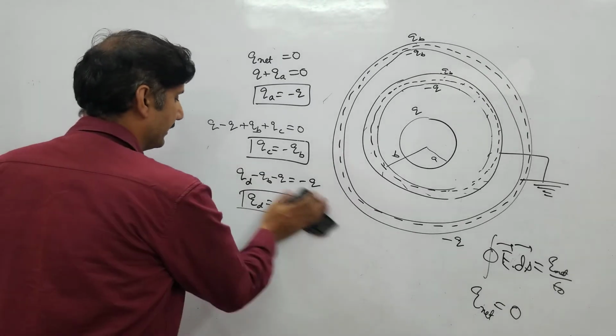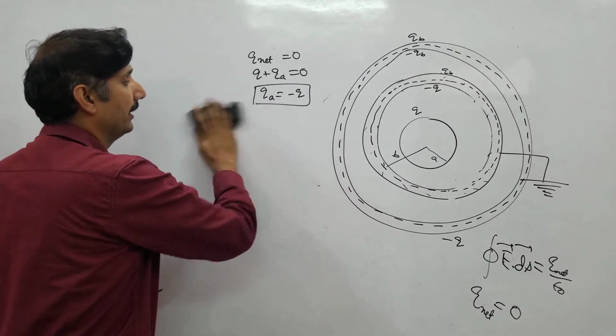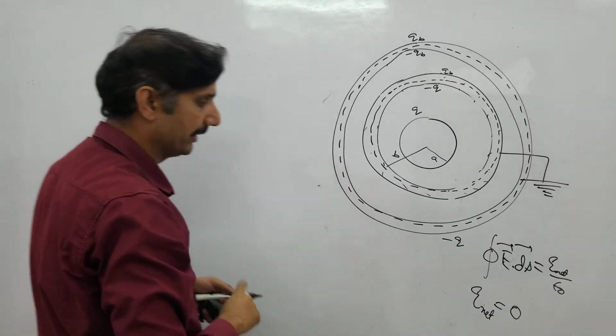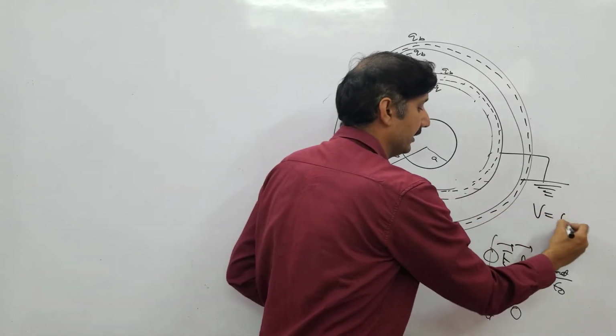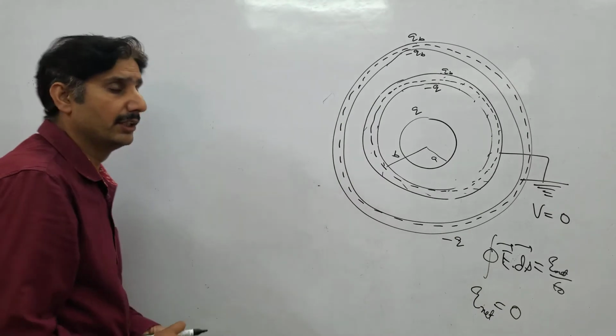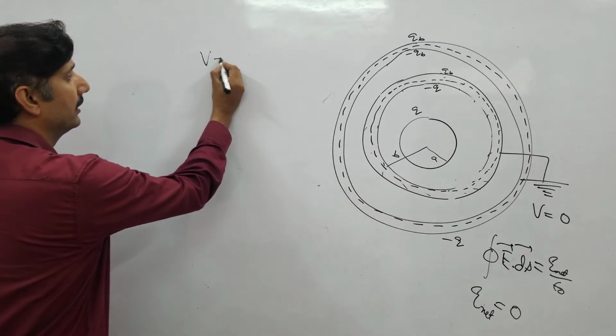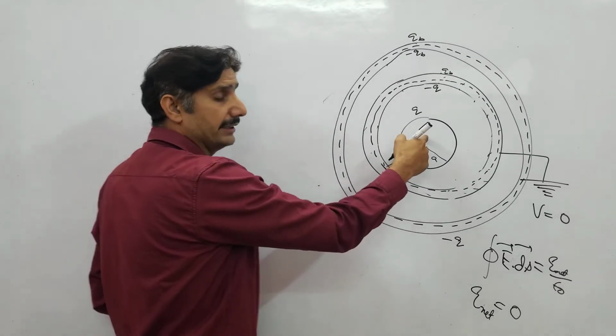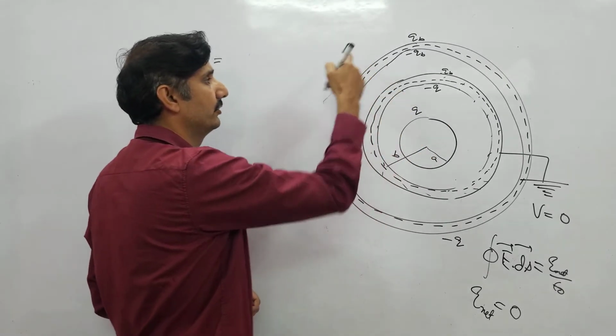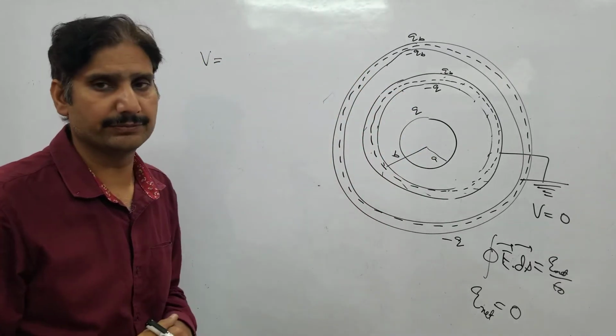Let's proceed with that, and that would be done by the second point which we did, that the grounded shell must have potential equal to 0. So the total potential on the second shell is the potential due to the A shell, due to the B shell and due to the C shell, and that should be 0.